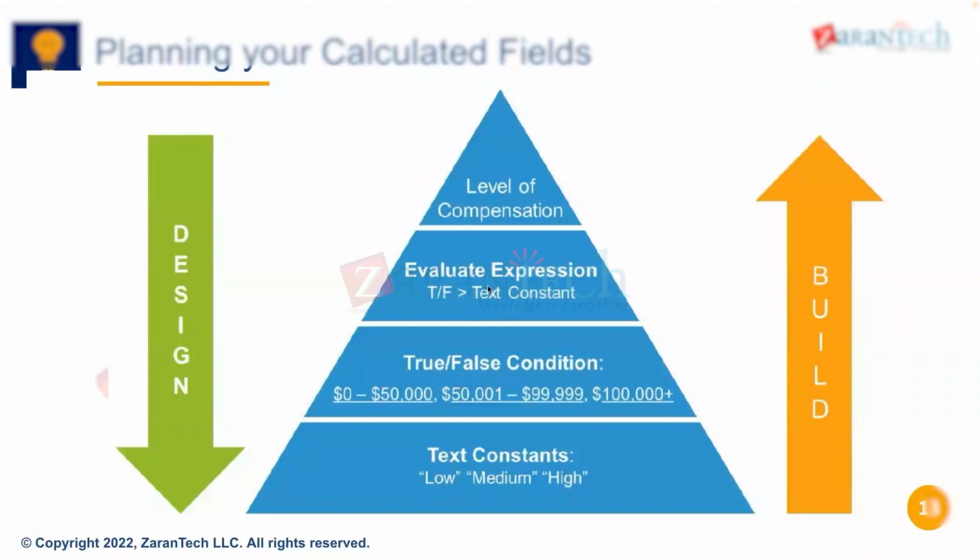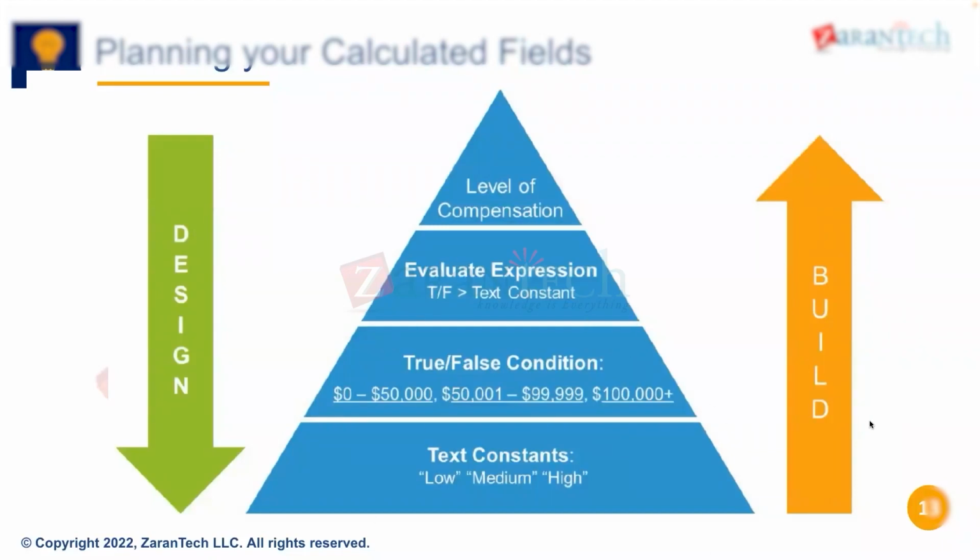So the evaluate expression will be coming up at the bottom, and the level of compensation, whether it's a high range or low range, will be the least evaluated one, because it can be the same for a lot of other people too. So your design should be in a manner where you look at the least evaluated, and then when you build it, the one which is most highly evaluated should come at the top.